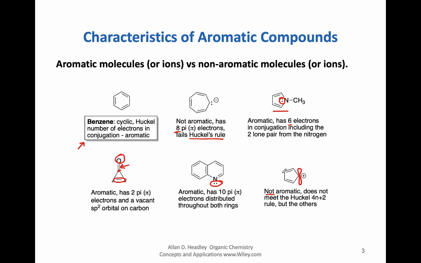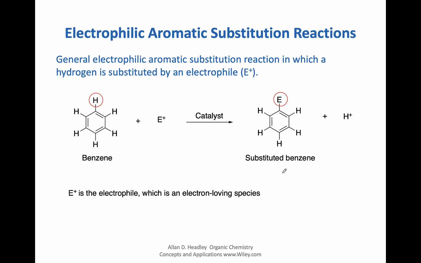And the importance of doing so is that aromatic compounds are of extreme importance in organic chemistry. Let's concentrate now on the reactions. The type of reaction that we will cover is a substitution reaction, but it can be further defined as electrophilic.